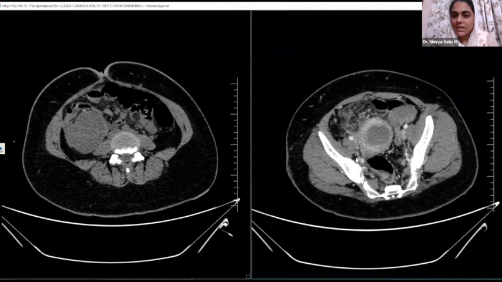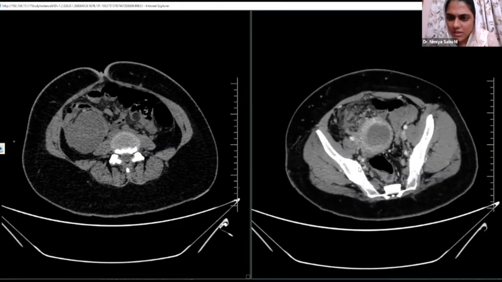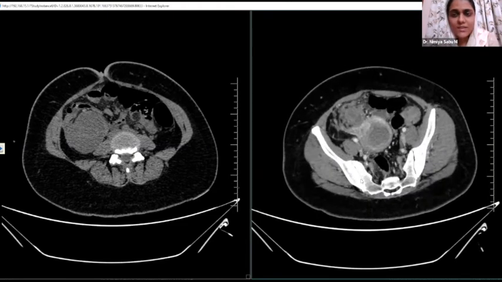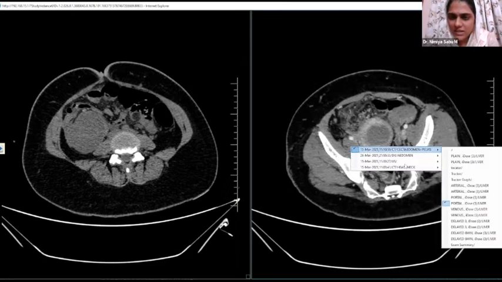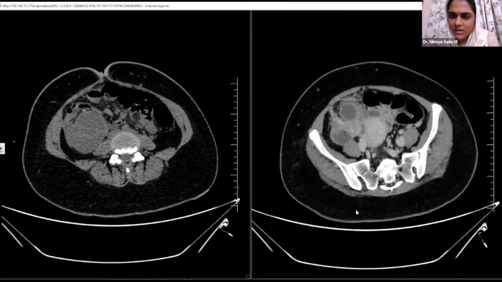The left adnexal region also appears to be bulky, with multiple hypodense areas noted within that. Significant surrounding fat stranding is seen, and minimal fluid is also seen adjacent to this area.